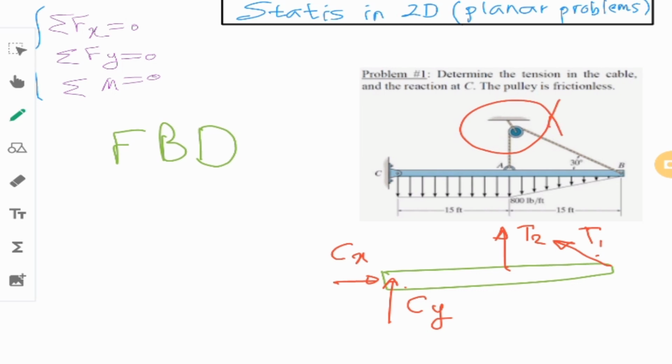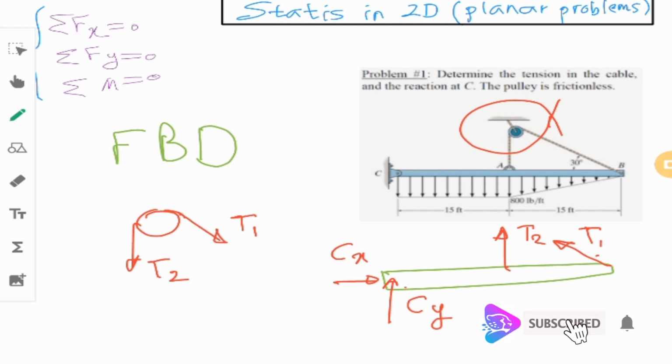Actually here I have a pulley that can help me to reduce the number of unknowns. If we consider the pulley and consider the cables, we would have T1 and T2 here. The point is that if these two values are different, the pulley starts to rotate, and that's not static anymore.